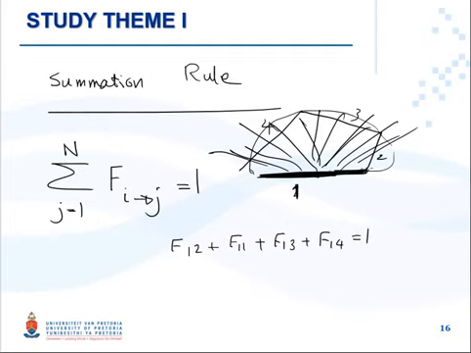Because all those four surfaces cover all the radiation leaving surface 1. What if we have just three surfaces, 1, 2, 3? It will be F11 plus F12 plus F13 is equal to 1. If it's five, again the same story. But we are going to speak about it when I speak about the enclosure with n surfaces.